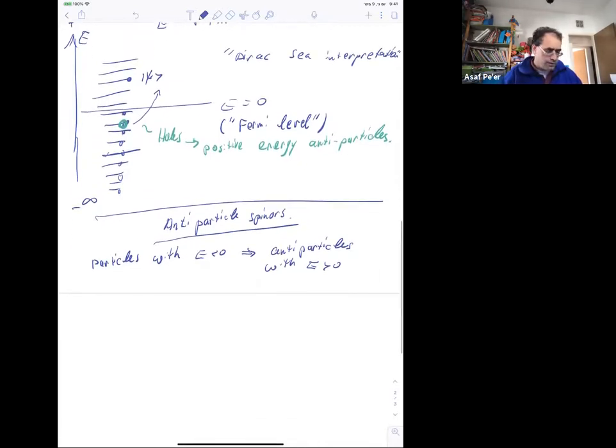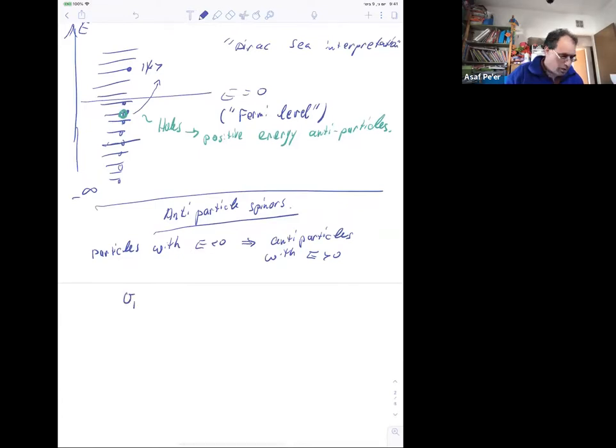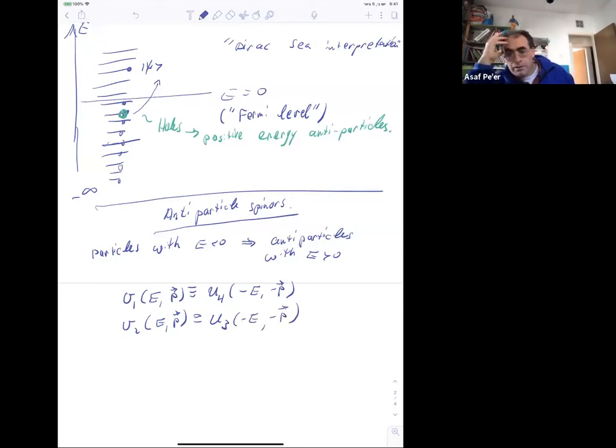So the spinors U3 and U4, we will basically rename as antiparticle spinors with the opposite sign of E and p. I'm going to define V1 of E and p to be identical to U4 of minus E and minus p. And the same for V2 of E and p, identical to U3 of minus E and minus p. Because I prefer to work with positive energy antiparticle solutions.